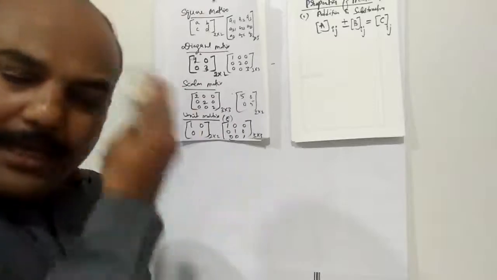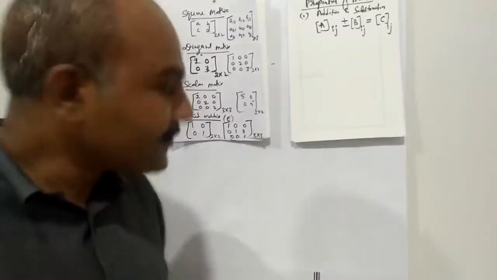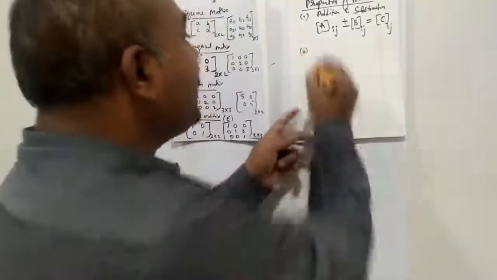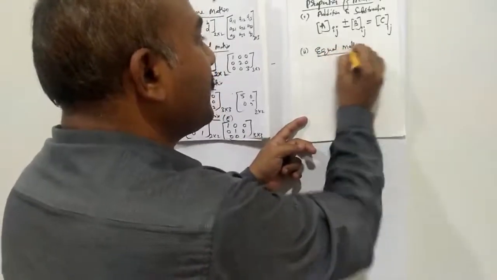Next we will go for equal matrices. Second property: equal matrices.